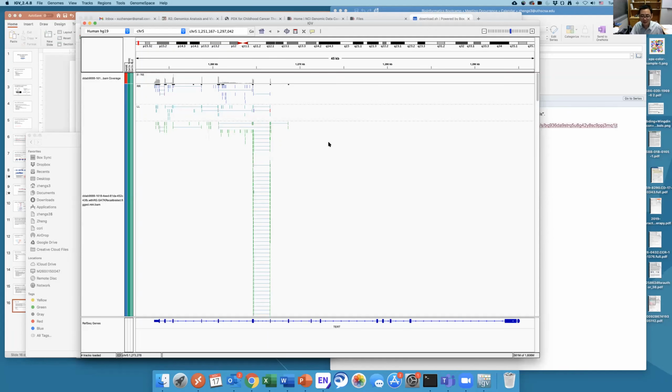Why is that? Because the first half of the gene is fused out in the fusion event. This half is out, so it's not expressed.